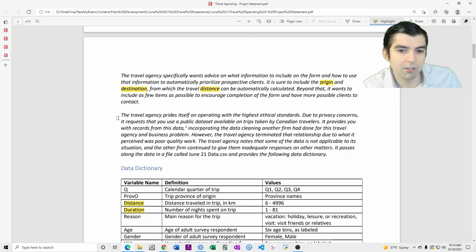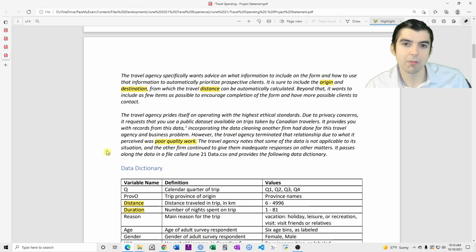However, the agency terminated that relationship, oh no, due to what it perceived was poor quality work. That tells me that they want you to find problems in the data cleaning. The travel agency notes that some of the data is not applicable to its situation, and the other firm continued to give them inadequate responses on other matters.